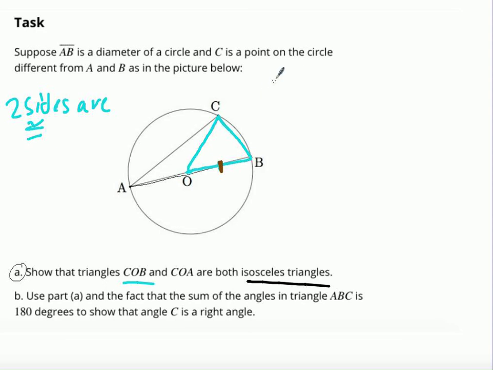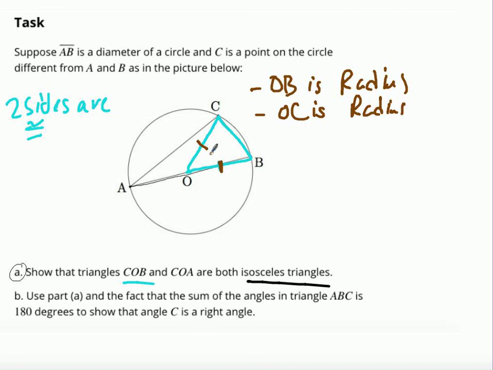So OB is a radius. Then we also see that OC is also a radius. They're both radii. Again, OC is a radius because it is the distance from the center O to this point C on the circle.